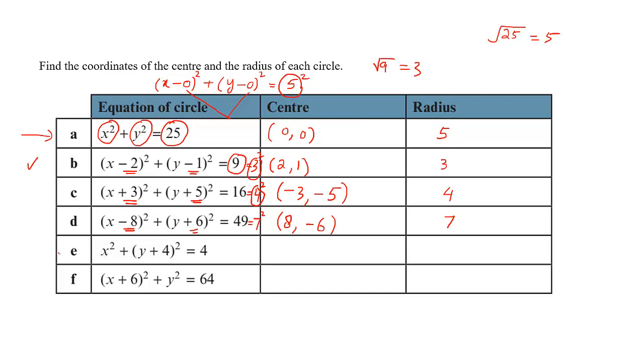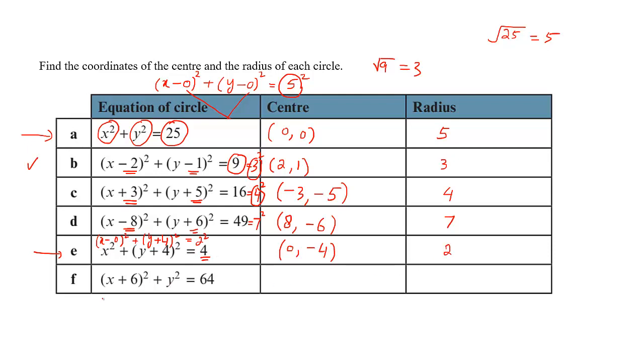From here, in this part, we can write it like this: x minus 0 whole square plus y plus 4 whole square, and 4 is the square of 2. So what is the center? Change the sign. 0 does not have any sign, and minus 4, and this 4 is the square of 2, so 2 is the radius.